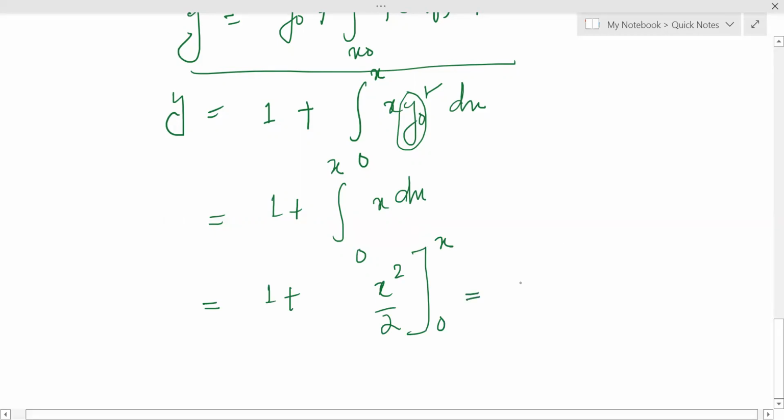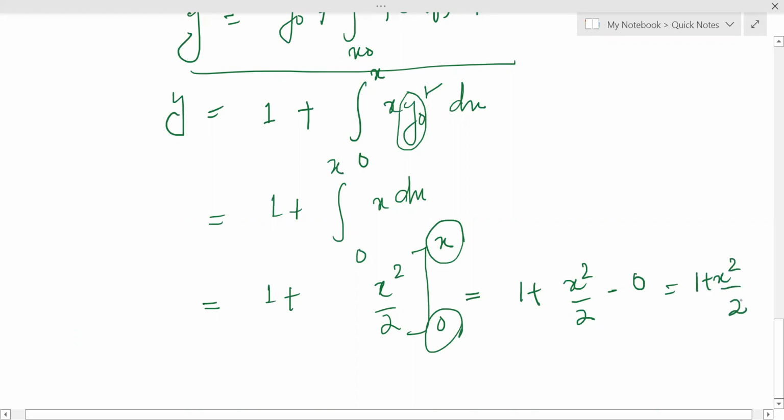Then this value becomes 1 plus. Now you can substitute the limiting values, the upper limit and the lower limit. Then what is the value? x square by 2 minus 0. This value is 1 plus x square by 2.